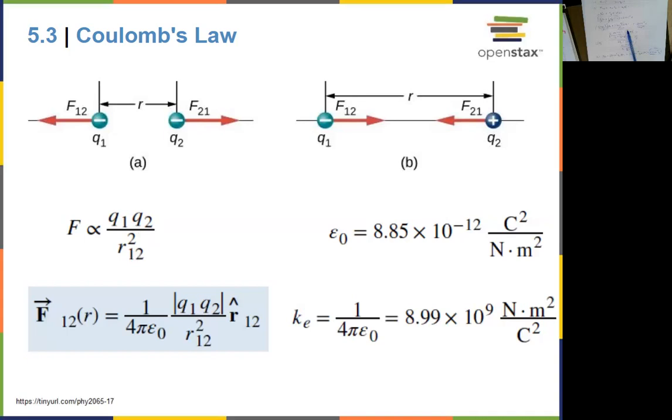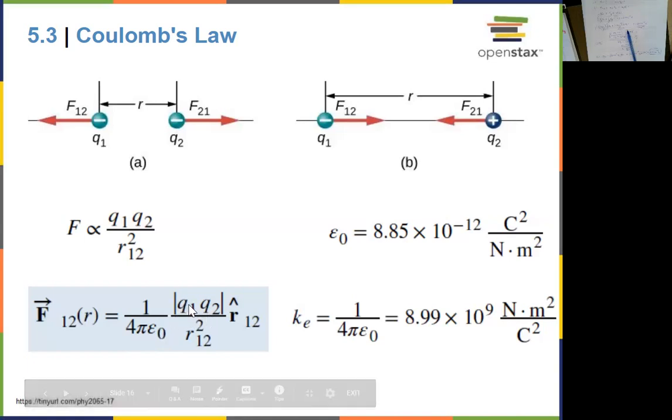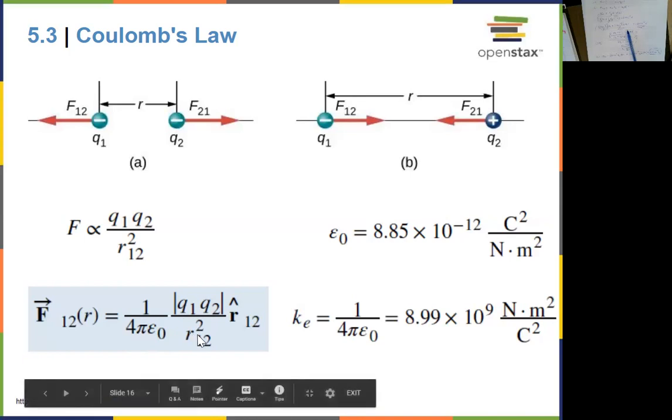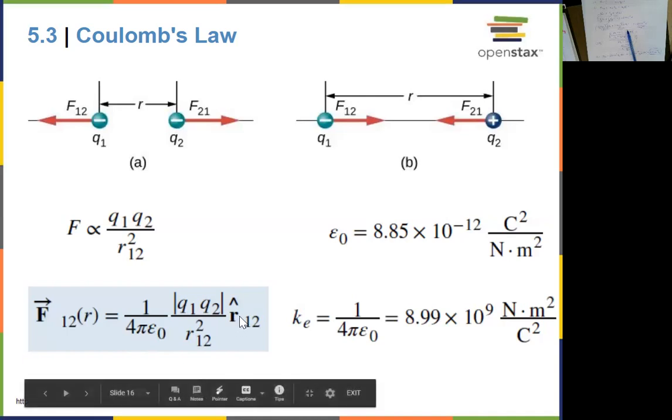Okay, and so if you put it into an equation, the force then will be equal to 1/4 pi epsilon naught times the absolute value of Q1 Q2 divided by the separation squared, times a unit vector here for the direction. Because force is a vector, you need a magnitude and direction to specify it, okay.